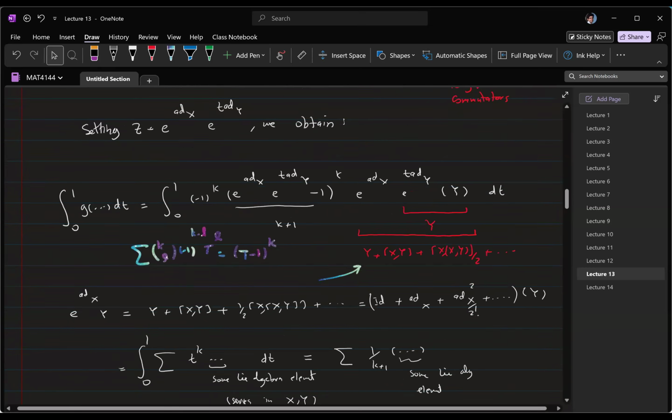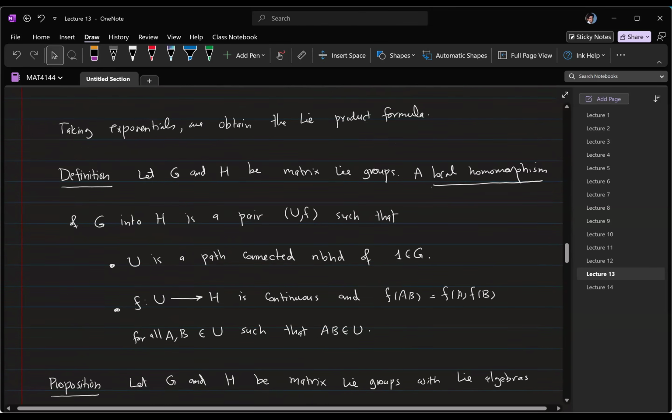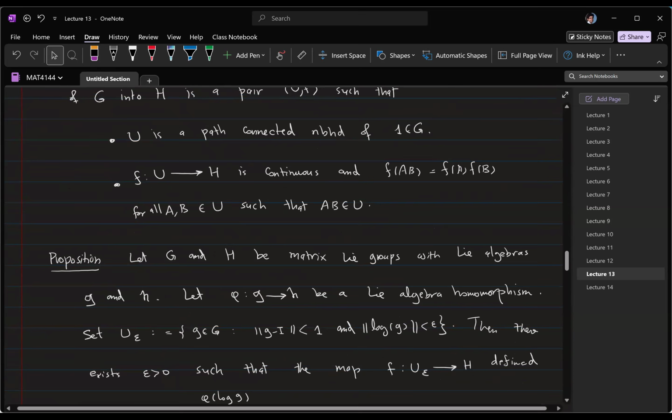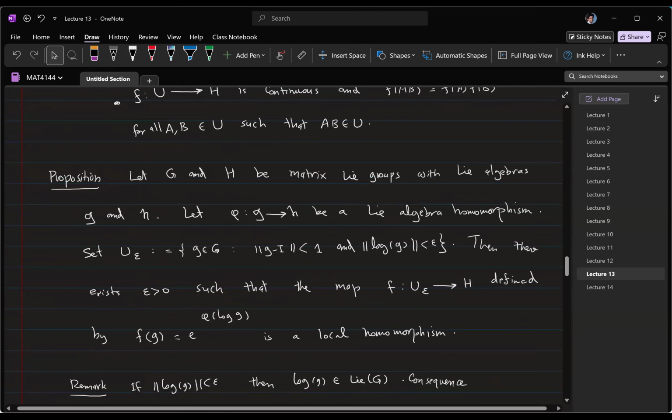So one application was that if you have a Lie algebra homomorphism from a Lie algebra G to a Lie algebra H, you can always lift it, at least locally, to a group homomorphism.